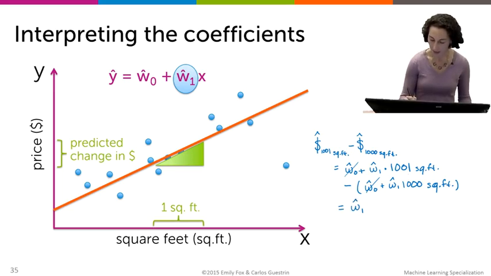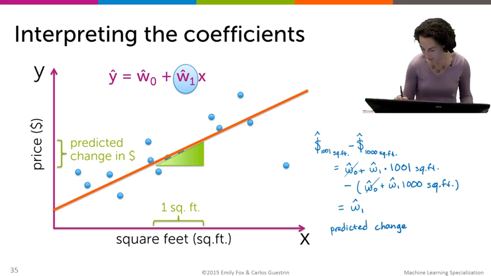So again, w hat 1 represents the predicted change in the output per unit change in the input.